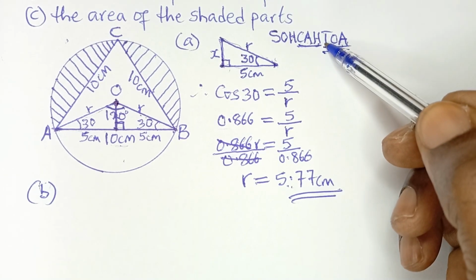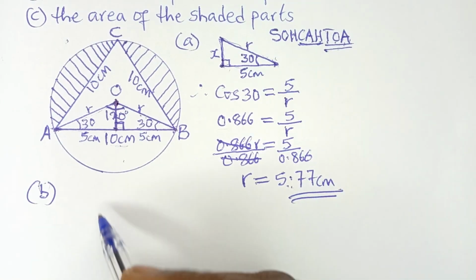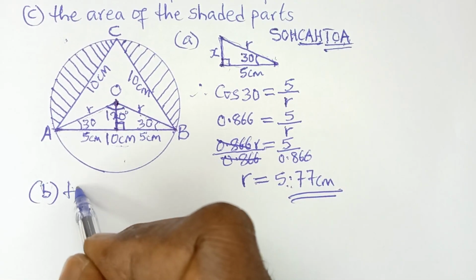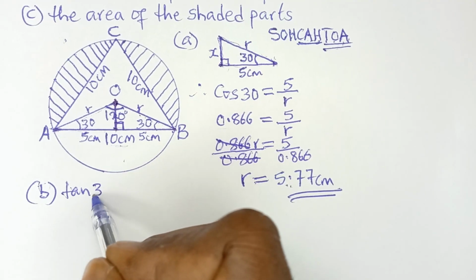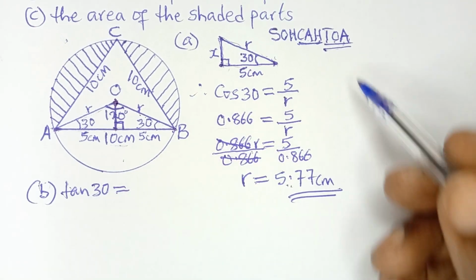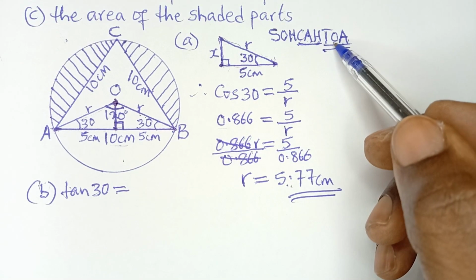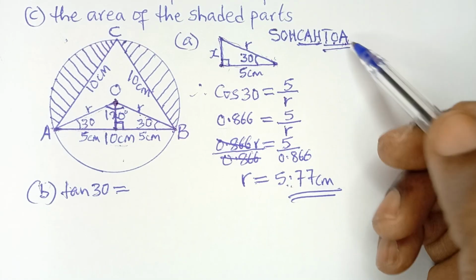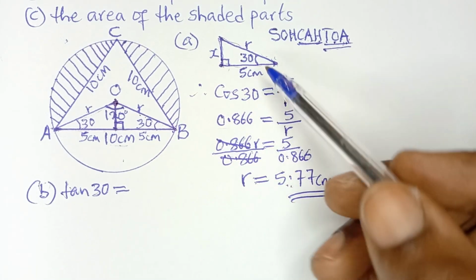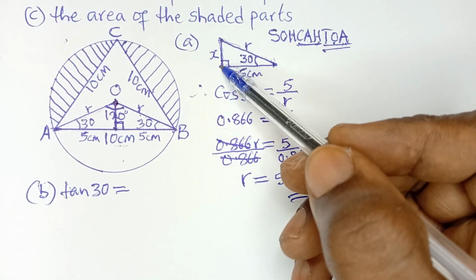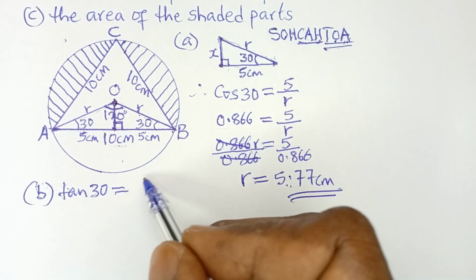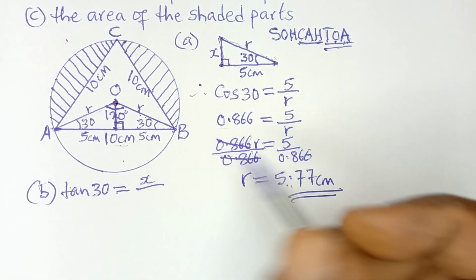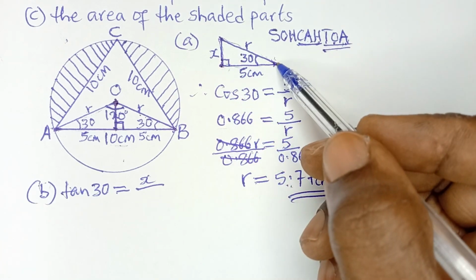The T stands for tangent. So I'm going to take the tangent of the angle. So that means tan 30 will be equal to, according to this mnemonic, opposite over adjacent. That is the opposite side over the adjacent side. The opposite side using this triangle is the x that we are looking for, all over the adjacent side, which is 5.